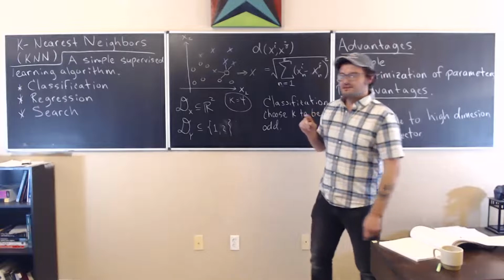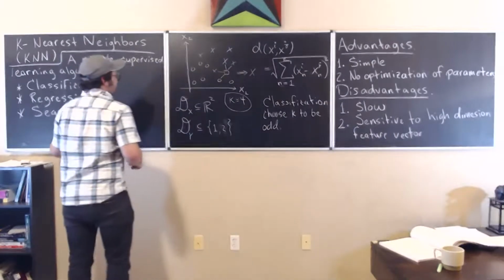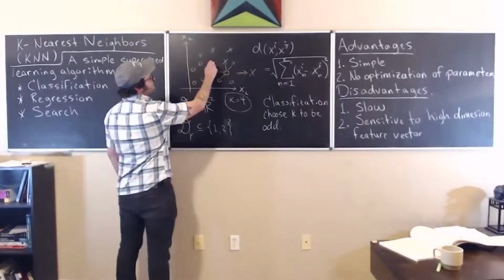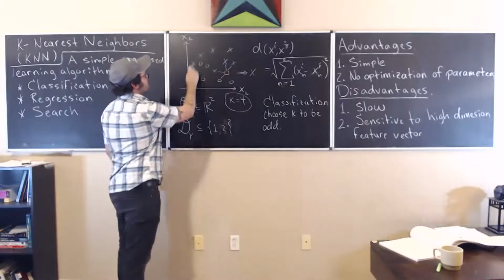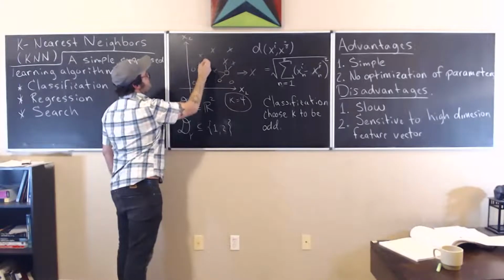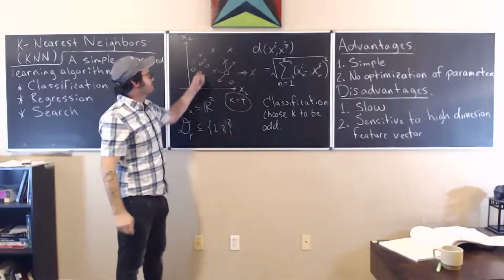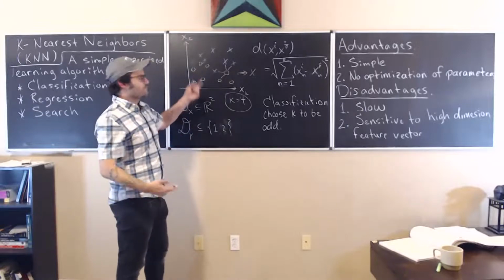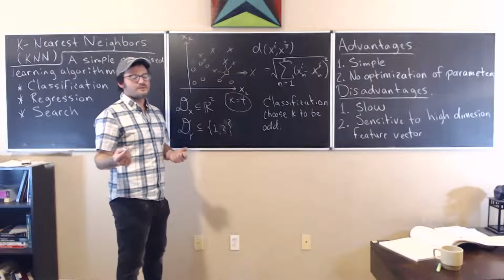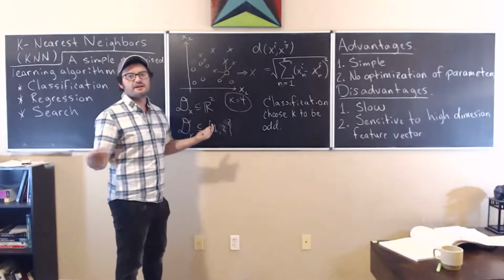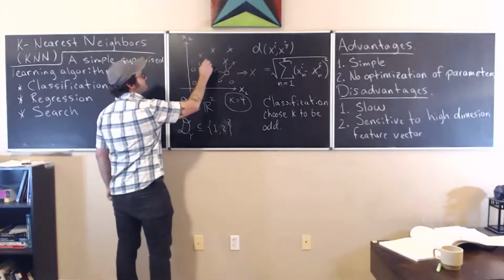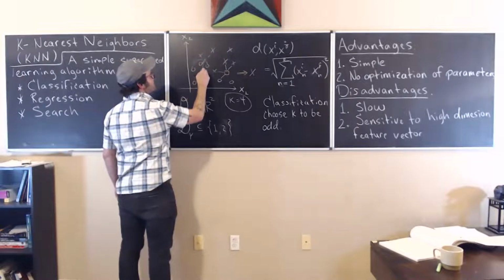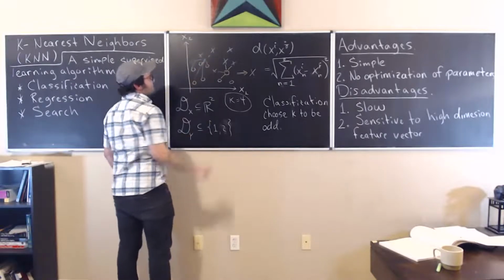For example, if K was 1 and there's a blue vector there, and the new point is closer to that one, then that would make a bad prediction, right? But what if you chose K to be 10 or maybe 6? Then you get paired there.